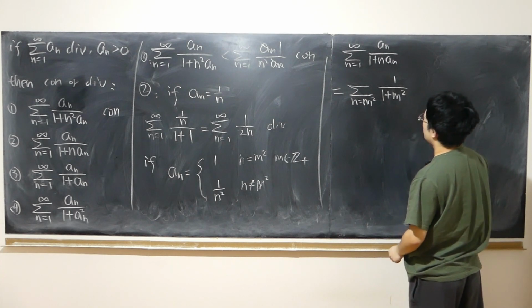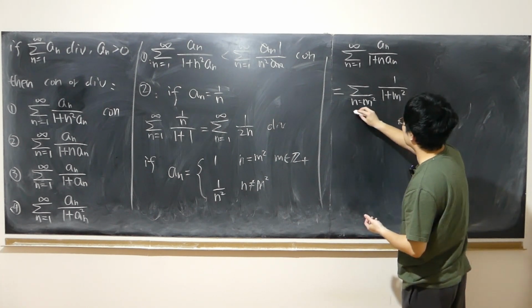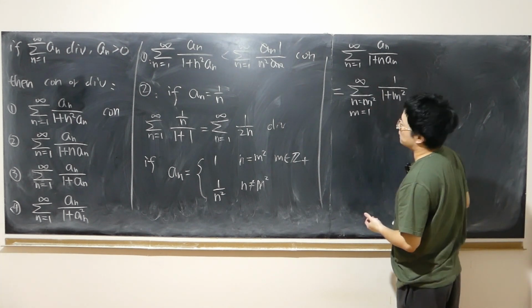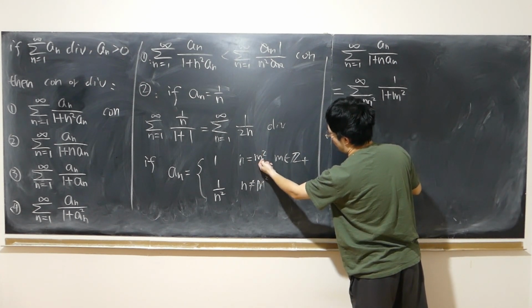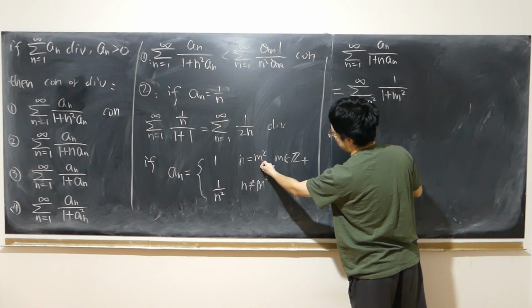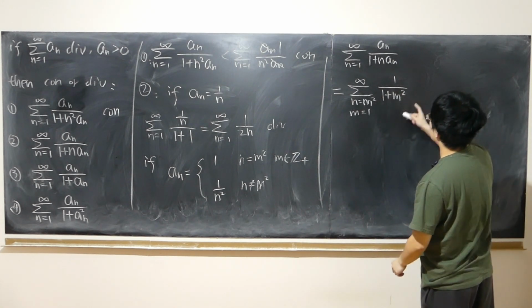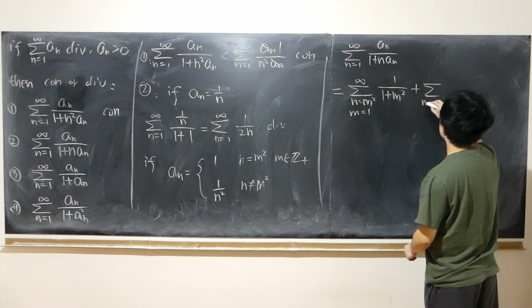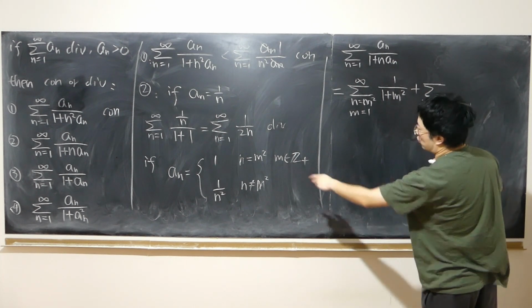But m has many possibilities. For example, m can go from 1 to infinity. n could be equal to 1 squared, 2 squared, 3 squared, and they're all possible. The second part is when n is not equal to m squared: I have 1 over n squared.